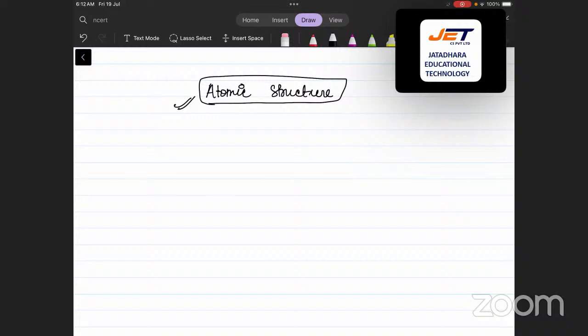For the time being you are typing your name, I'll tell you what we are learning in atomic structure right now. Right now we are learning about the atomic models. There were different models given according to the experiments that were being conducted at that time.